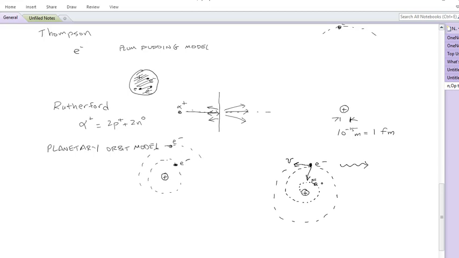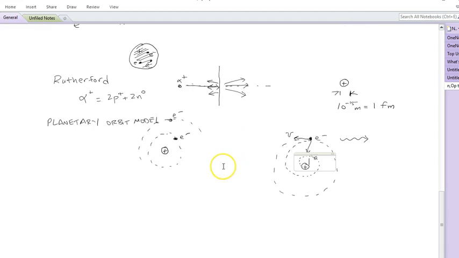Okay, so this now sets the stage for Bohr's model of hydrogen. And again, he looks at hydrogen because it's the simplest atom. So what does he say? All right, so this is usually presented in a nice clean package called Bohr's postulates. So let's take a look at the postulates, and then we're going to end this video.